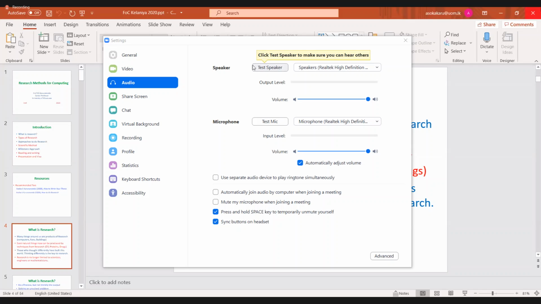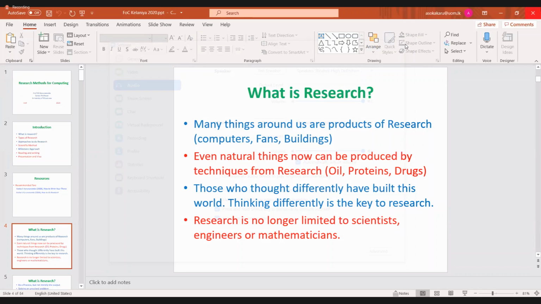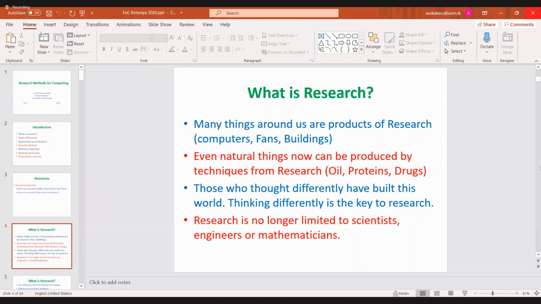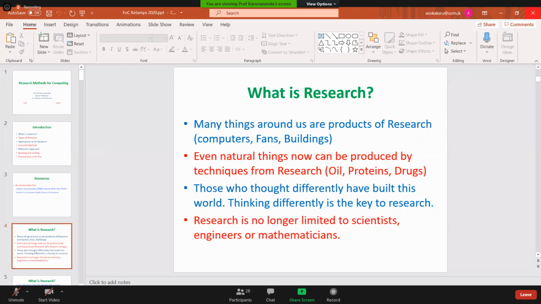Right. Now look at this one. I have put natural things can be produced by, for example, oil can be produced by research. You know the synthetic oil. People have even identified that synthetic oil is better than natural oil for vehicles. Various proteins, maybe coming in the form of fruits or meat, can be artificially synthesized by research.